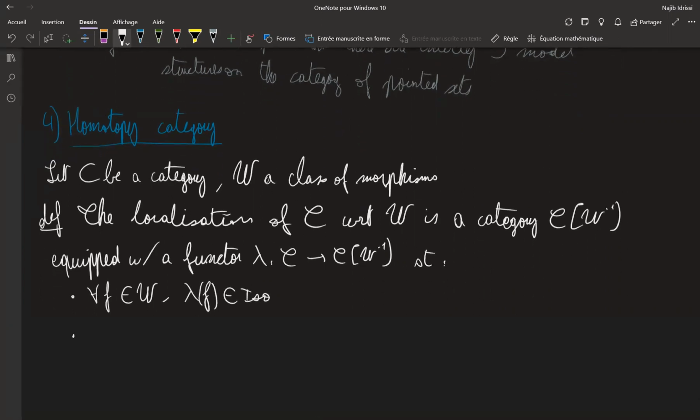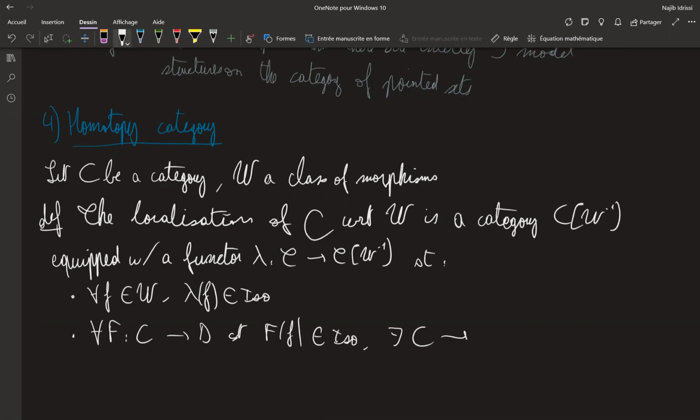And the second condition: for any functor F from C to D such that F of f is an iso, there exists a functor from the localization to D such that the following diagram commutes. There exists even a unique functor up to equivalence.